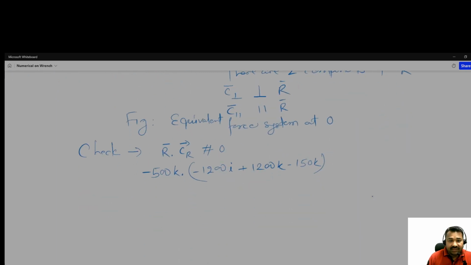So let us check it: R dot CR is not equal to 0.